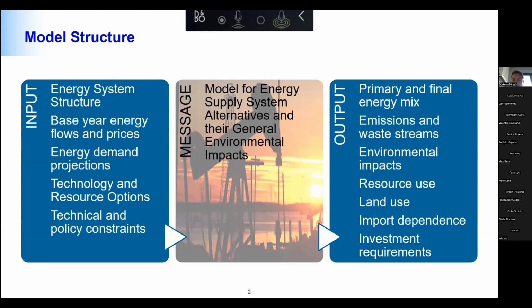But with the transition of the energy systems, mainly the market liberalization and the disintegration of the production chains from supply to transmission to distribution, the energy system has changed quite impressively.